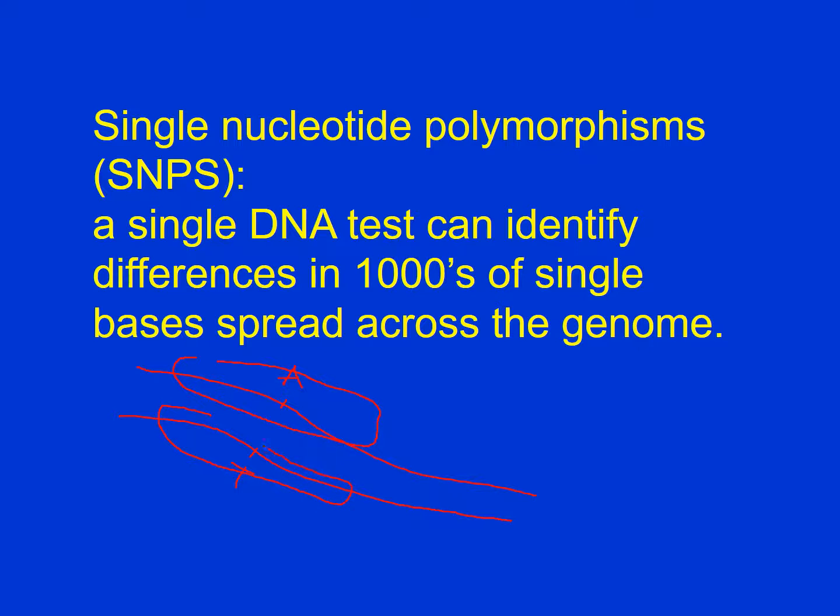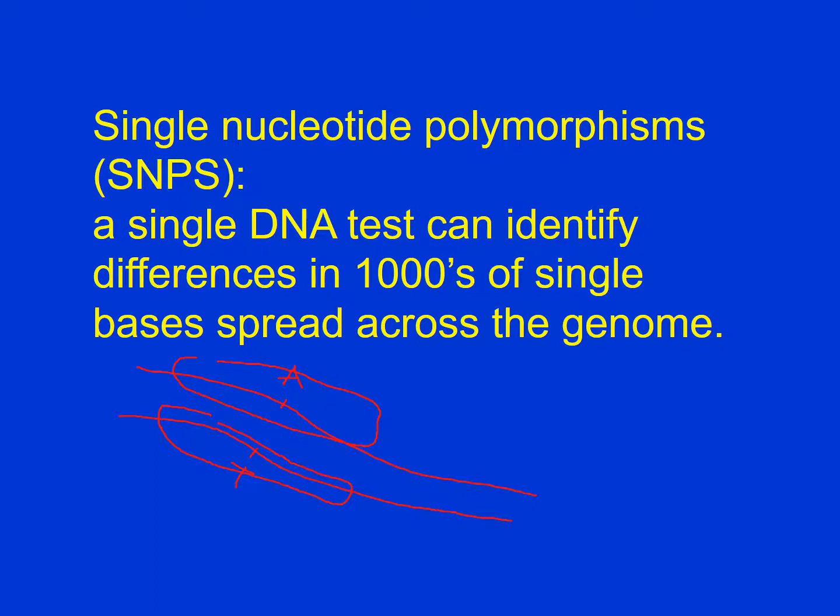So this particular section may be inherited intact from parent to offspring. And we might know from our records that if an A is inherited, it's going to be worth 10 pounds more milk than a T, if a T is inherited.